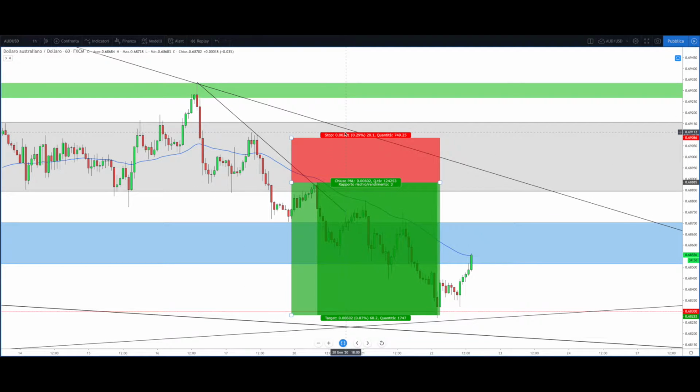We are on the 1 hour time frame, guys, and we can see clearly our entry point that you can find also on our free Telegram channel in the weekly PDF that we share on Monday morning.